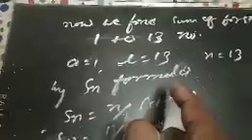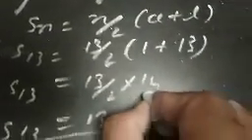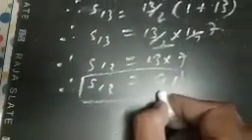By the Sn formula, Sn is equal to n upon 2 into bracket a plus l. So n is 13 upon 2 into bracket 1 plus 13, which is 13 upon 2 multiplied by 14. 2 sevens are 14, so 13 sevens are 91. So S13 is 91.